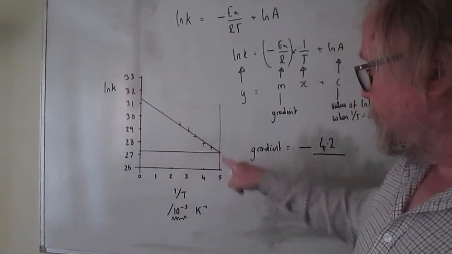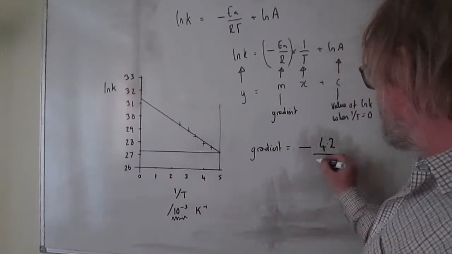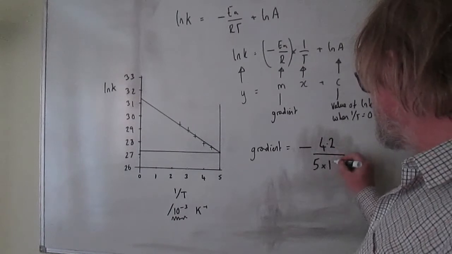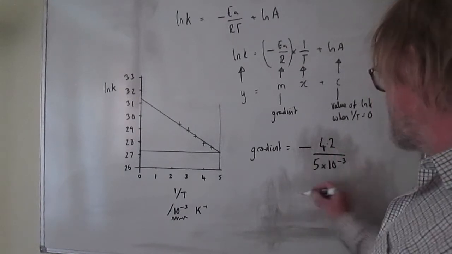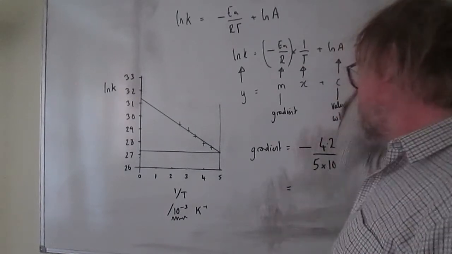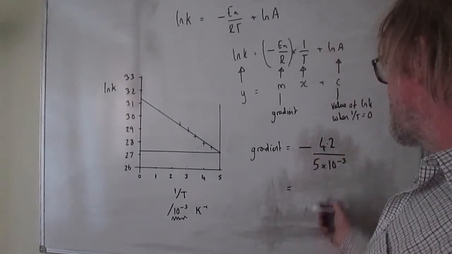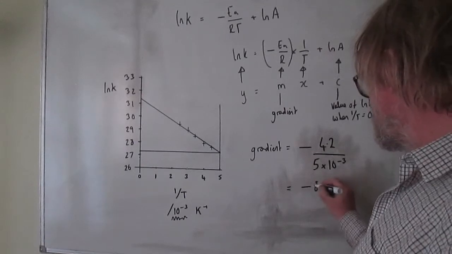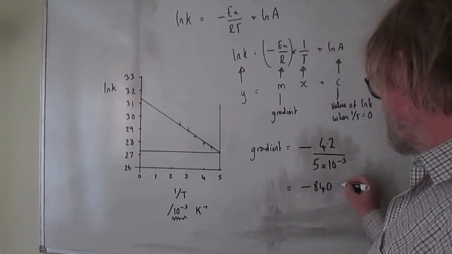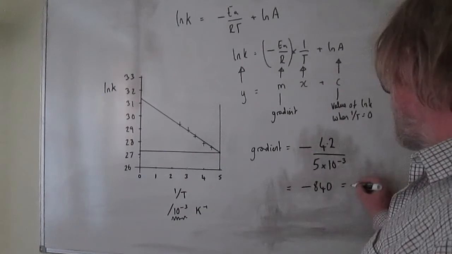And that means the change along the bottom is not just 5, but 5 times 10 to the minus 3. If we work that out, that works out to be minus 840. And as we said, that's equal to minus EA over R.